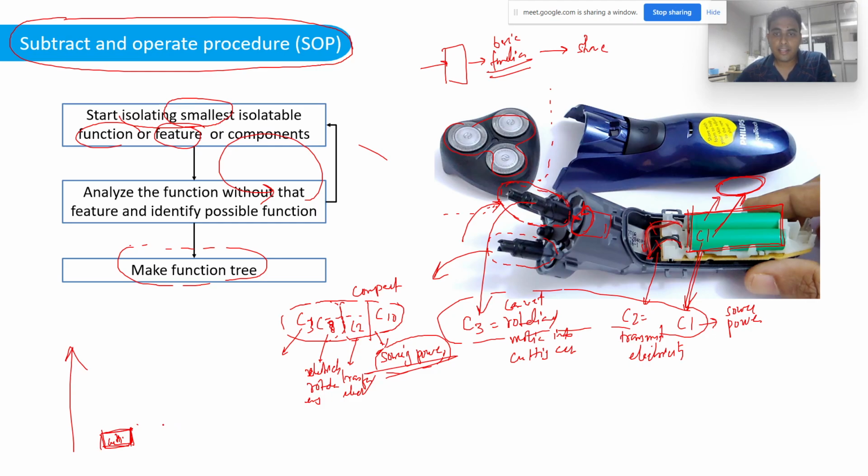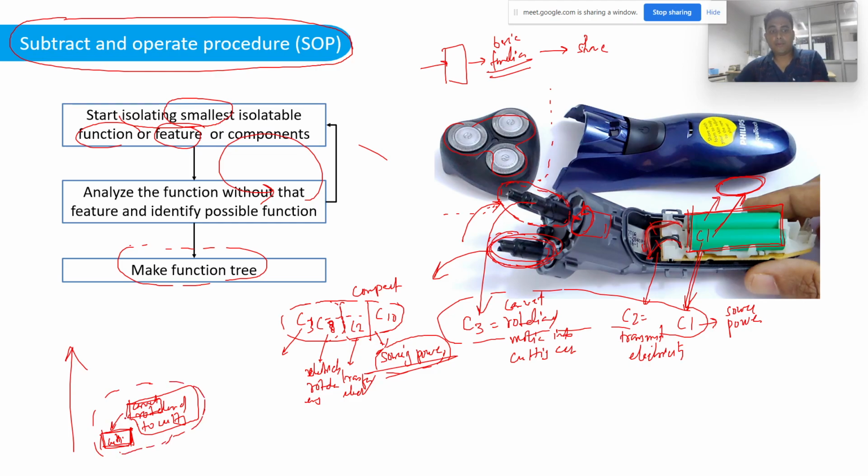Then we realize that when we remove the shaft, or component C3, which converts rotational motion to cutting, both of these functionalities do not work.